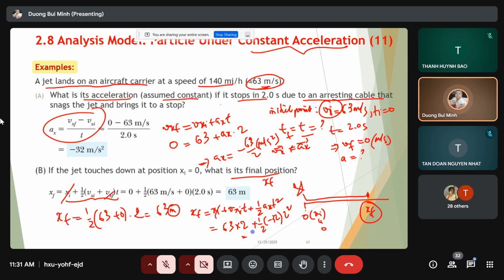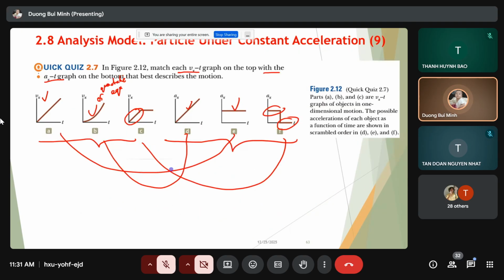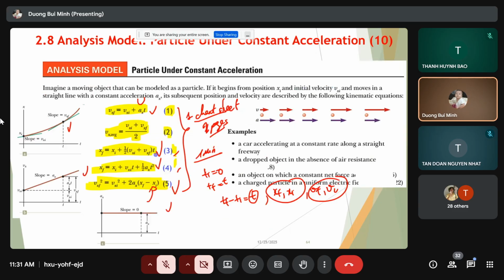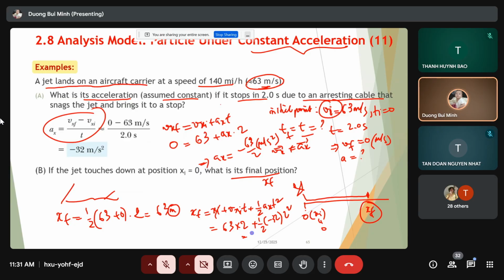I mentioned before, you can use any information including t, including xf. You can use this one or this one. But if you use this one, you take a little bit more time because we need to consider ax. But that's okay, no problem. I emphasize again, no problem.